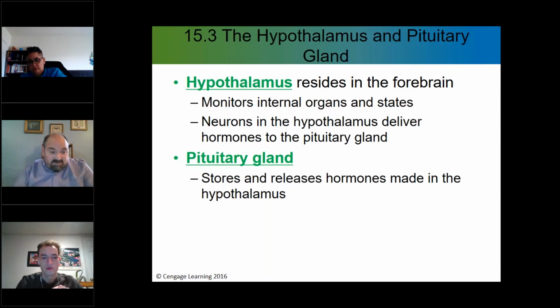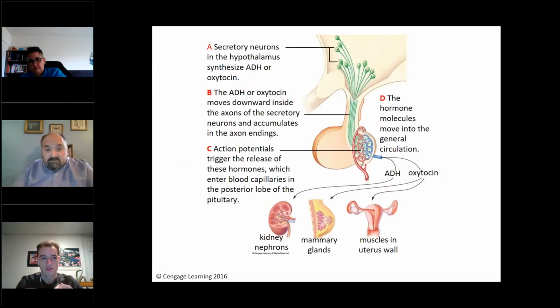And those are, in particular, antidiuretic hormone and also oxytocin, involved in contraction of the uterus for pregnancy, right, to deliver a baby. So very, very important hormones. And so the pituitary gland stores and releases hormones made in the hypothalamus, and it also produces its own hormones. You see here, the posterior pituitary is sending out these two hormones, antidiuretic hormone and oxytocin.